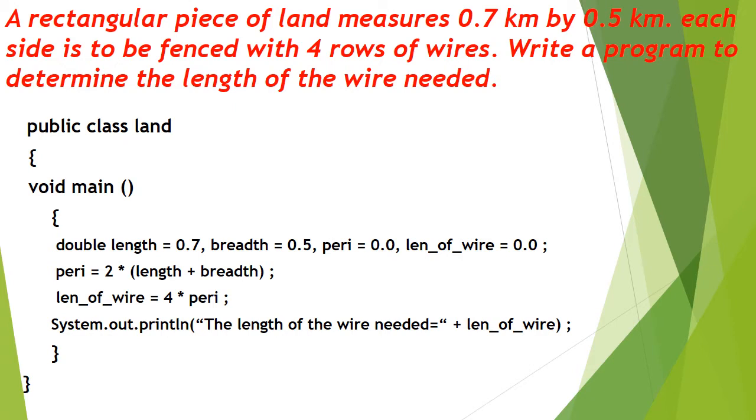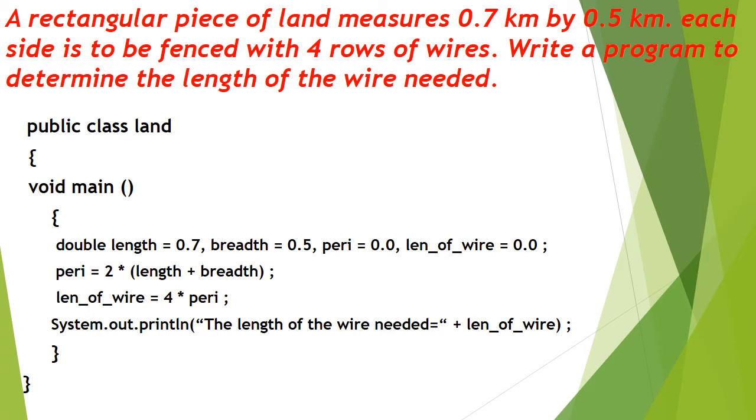So obviously when we calculate, answers will also come in decimal form. These two more variables I will declare. First one is peri and second is for length of wire. Perimeter means, you know, when we find out the length of the wire required for the fencing of the rectangular land, it means we will move around the rectangular land.